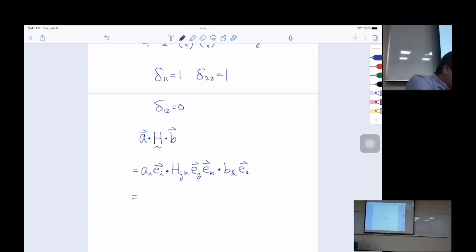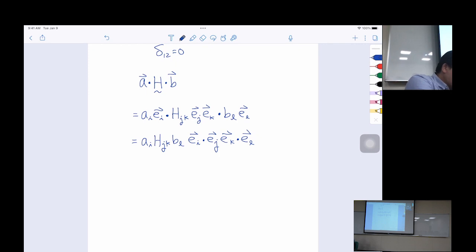So like I said, we can put all the scalars together and then put all the vectors to the back, but we don't try to change its orientation. Okay?